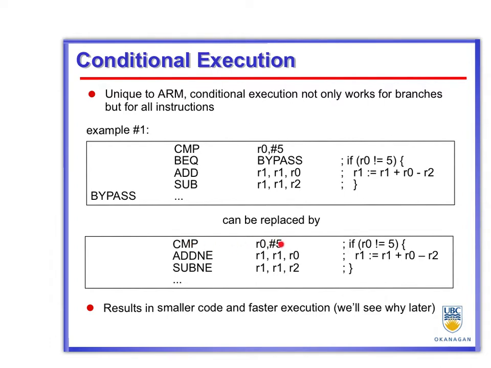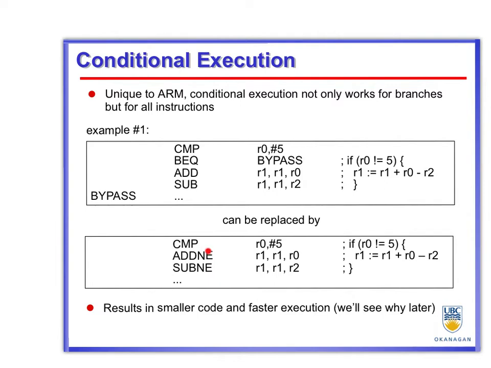And again, this instruction is going to set the Z bit to 1 if these two are equal, because the compare subtracts these two. If they're equal, that results in a 0, and the Z bit gets set equal to 1. For the NE instruction, the processor is going to go, oh, I've got to check the Z bit.